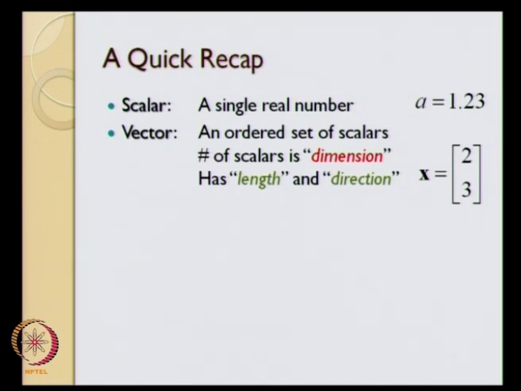Now these vectors can either be row vectors or column vectors. In this particular case we have basically 2 rows and a single column. The other way of representing this is x equal to 2 comma 3, which basically means that it is going to be a vector in a single row, that is a row vector. Okay. However, consistently when we talk about vectors in this particular module, what we would mean is that the vector consists of n rows and one single column.